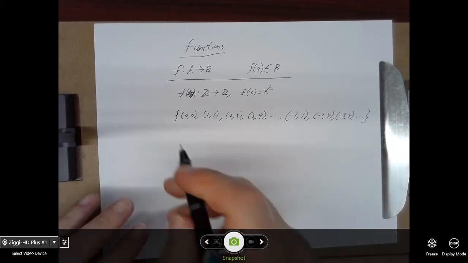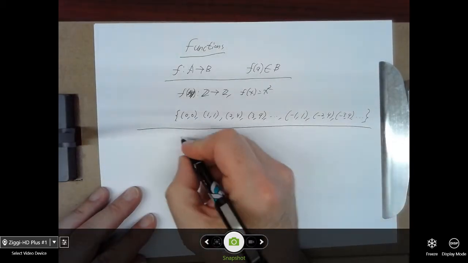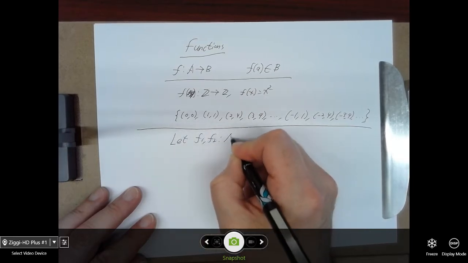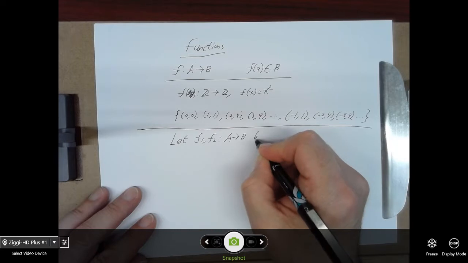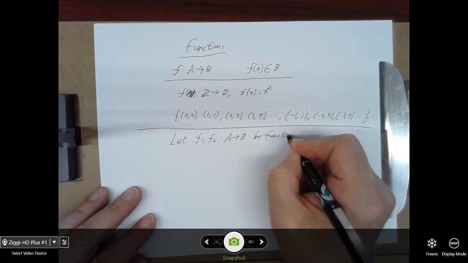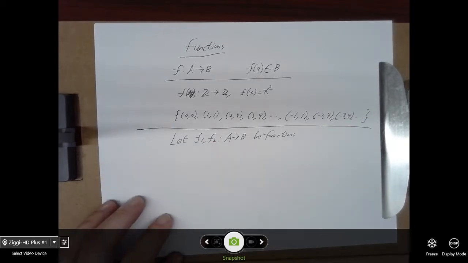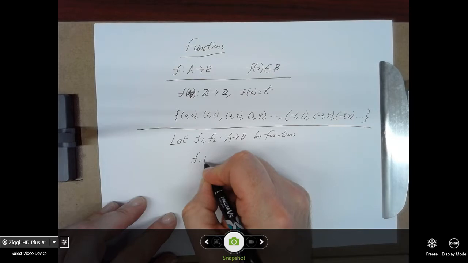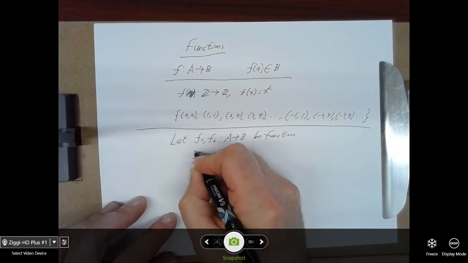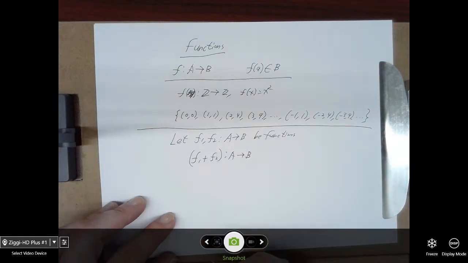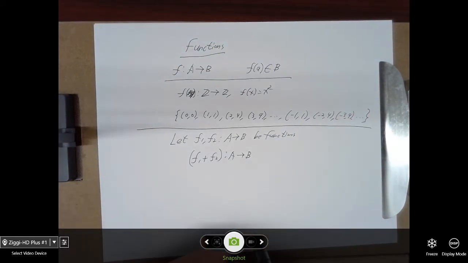All right, well, things we can do with functions. Suppose we have two functions, f1 and f2, from A to B. We can define a new function, f1 plus f2, which also goes from A to B. So we can add functions together and get new functions.